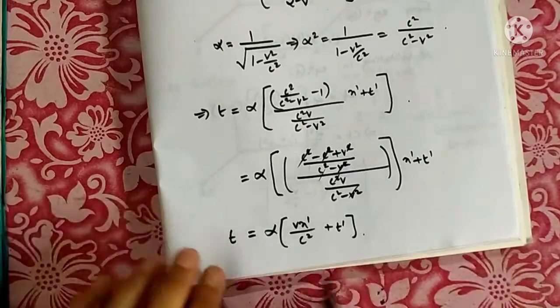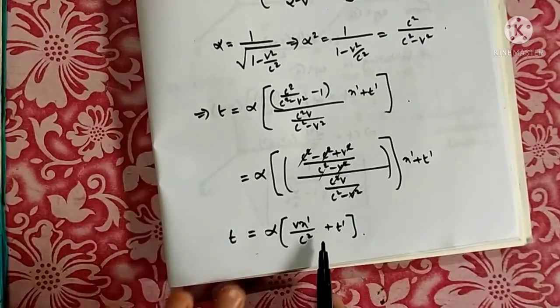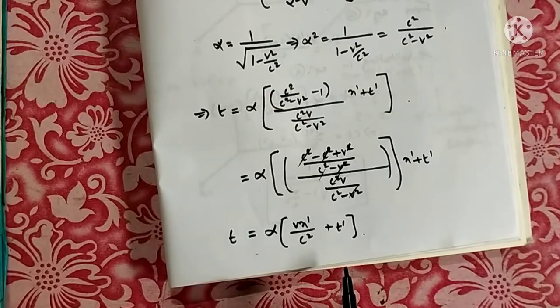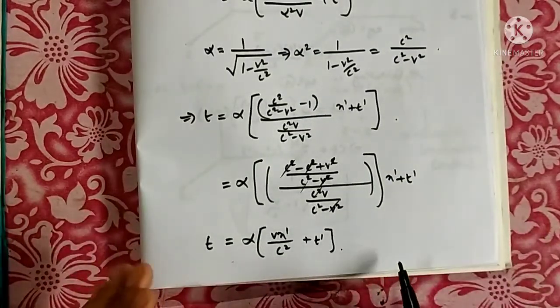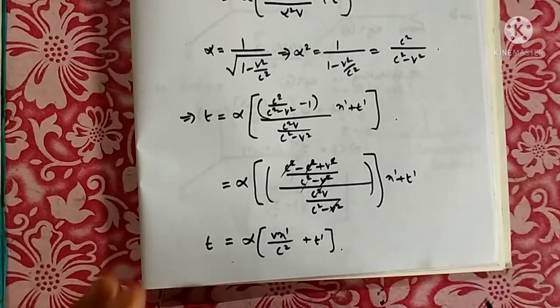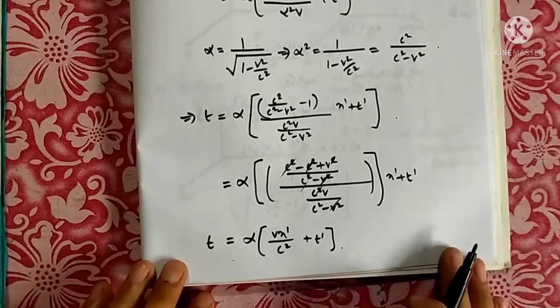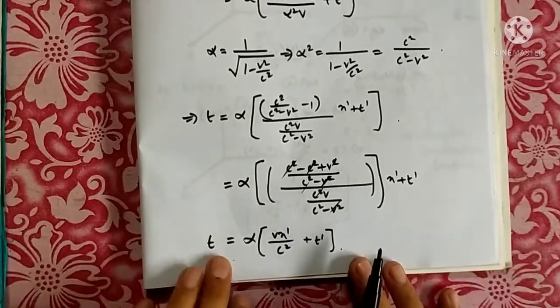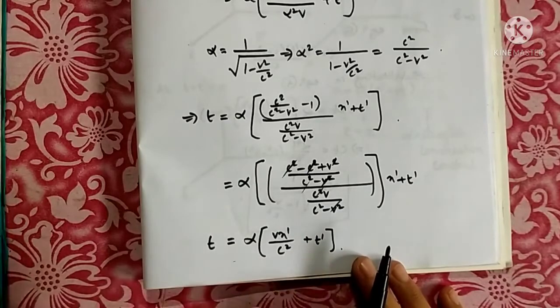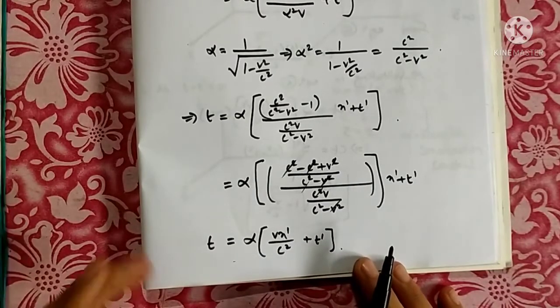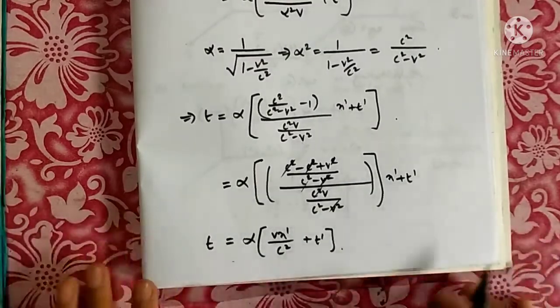So we were able to derive the equation that basically gives us the time in frame F with respect to time t prime in frame F prime. So this equation, t is equal to alpha (v x prime by c square plus t prime), along with the three equations, are known as the Lorentz transformation equations.